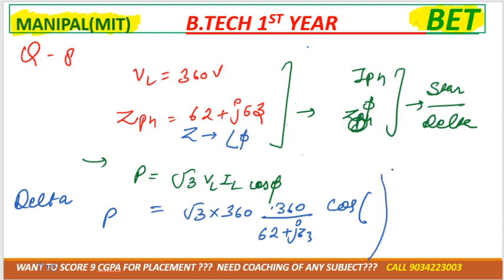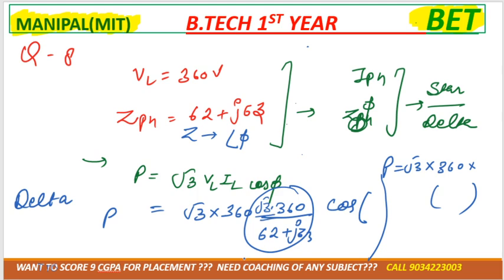And for the star it would be P is equal to root 3, VL is 360, IL is equal to IPH only, so whatever value we get, and cos phi. इसमें IL is equal to root 3 of IPH, तो ये तुम्हारा IPH आएगा, so multiplied by root 3. ठीक है.